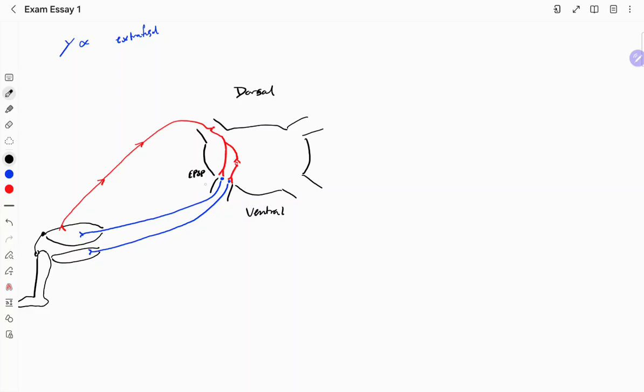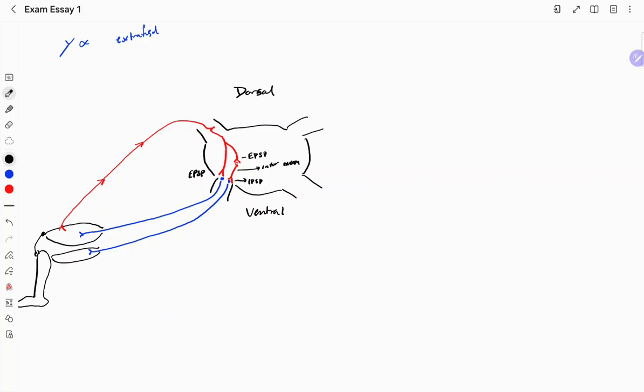And this other neuron here is also sending an EPSP to contract this muscle, but because of this interneuron, it has now switched to an IPSP.